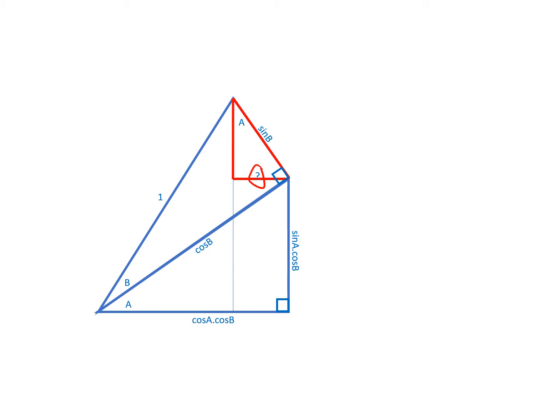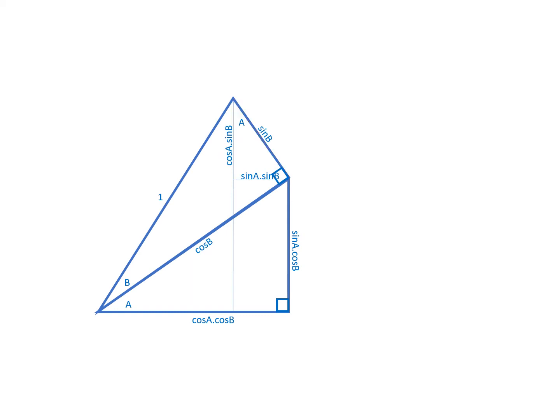So using trigonometry, sine A equals question mark over sine B. So the missing side is sine A times sine B. And then for this side here, cos A equals question mark over sine B. So the missing side there is sine A times cos B, or cos A times sine B.